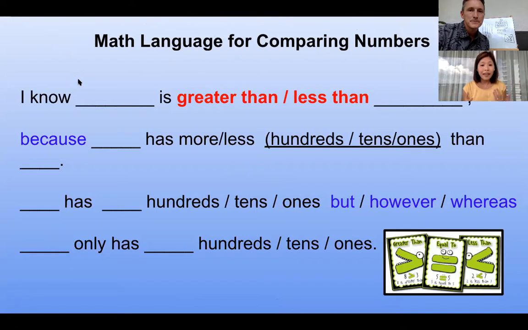Some of the things you might say are: I know this number is greater than or less than another number because this number has more or fewer hundreds, tens, or ones than that number. These are some things you can use to explain your thinking. You will hear us do this today.